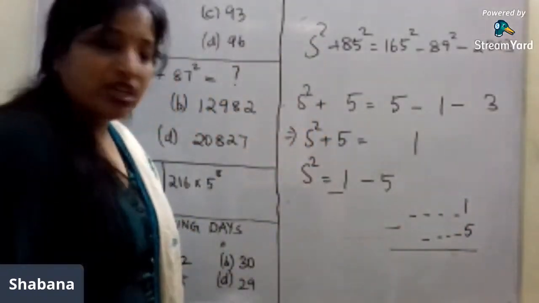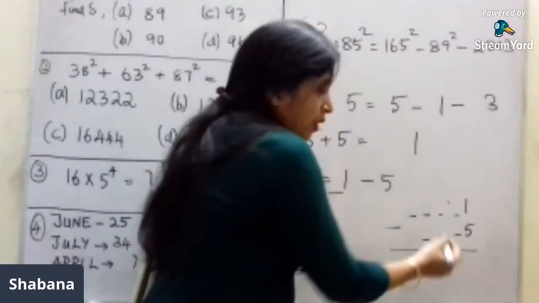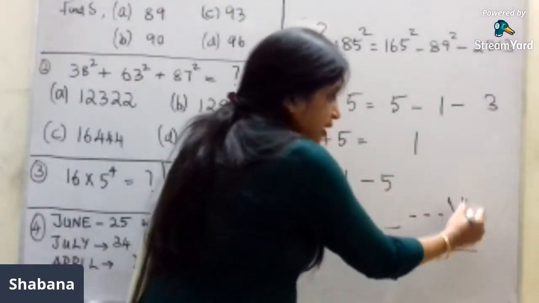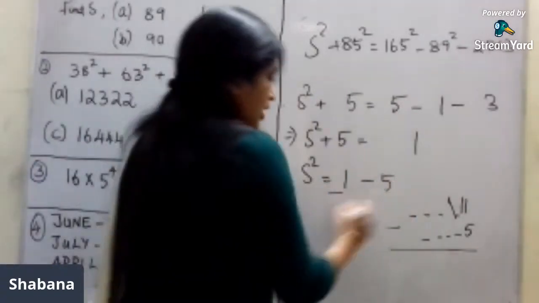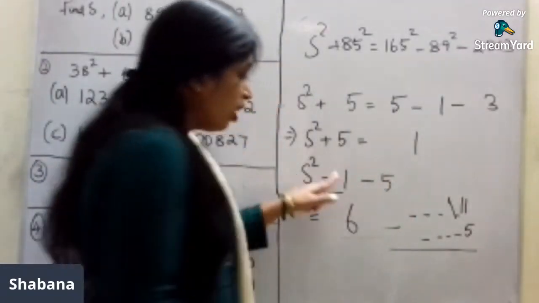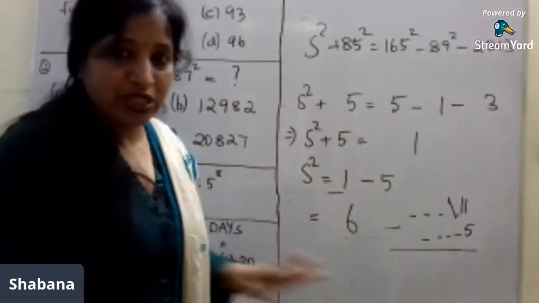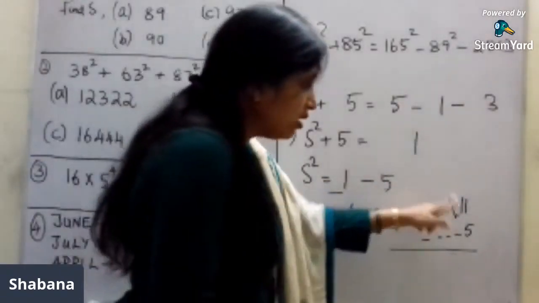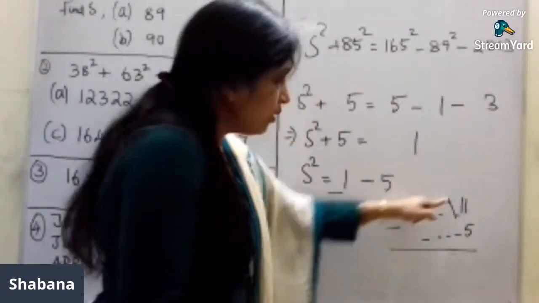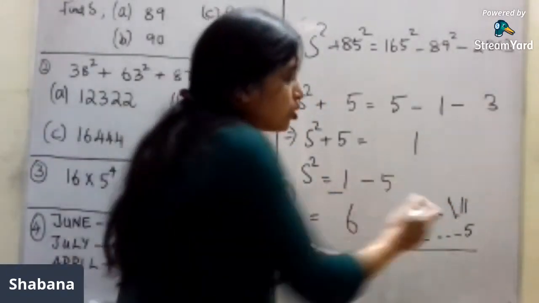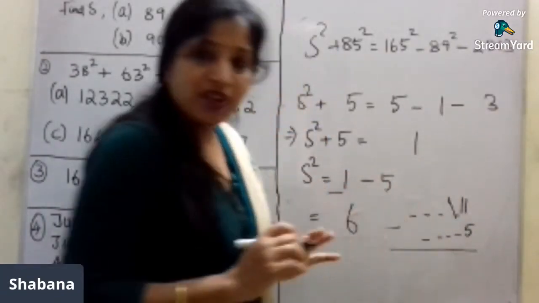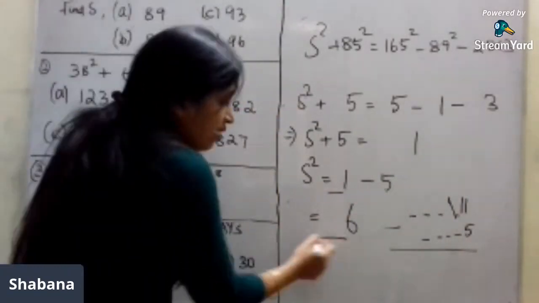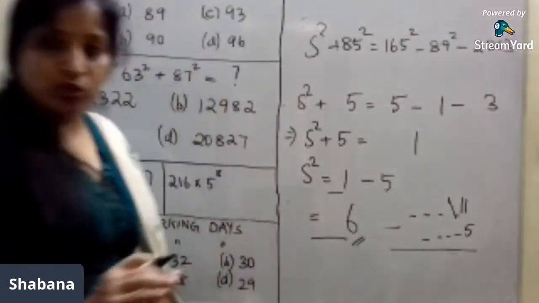So what do we generally do when subtracting? We borrow. Once you borrow, this becomes 11. So 11 minus 5 is 6. So it is not 1 minus 5 is minus 4. No, please don't do that. You will naturally borrow from the tens place and this becomes 11. So 11 minus 5 is 6, and I'm going to have a number which has 6 in the units place.